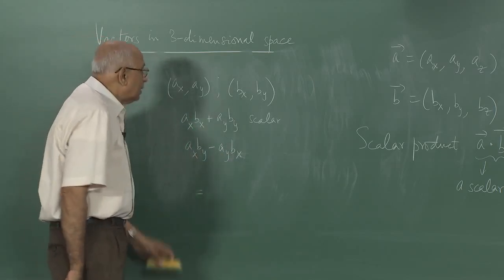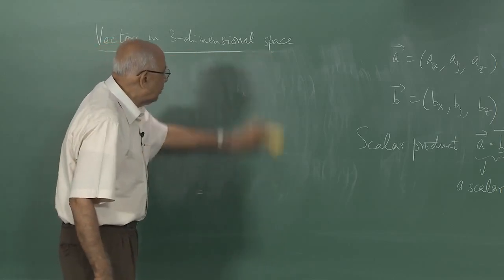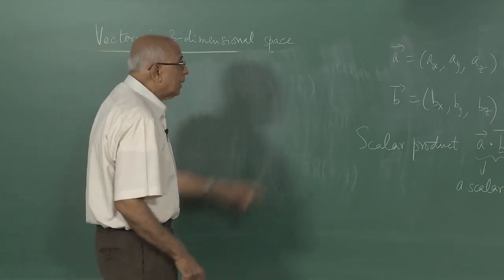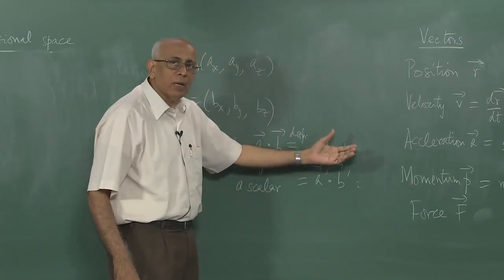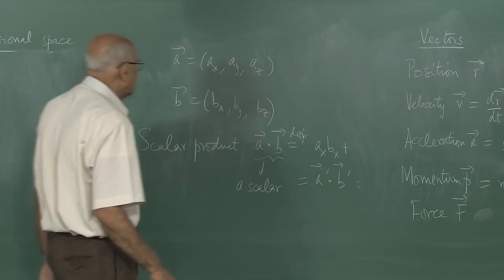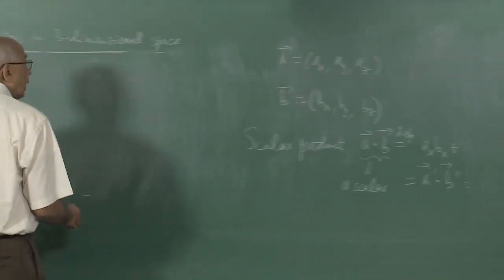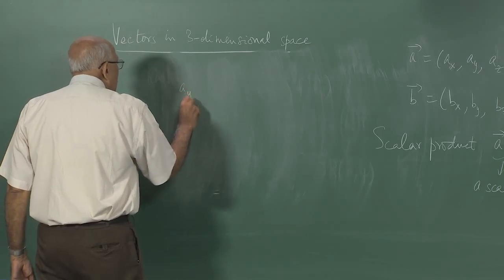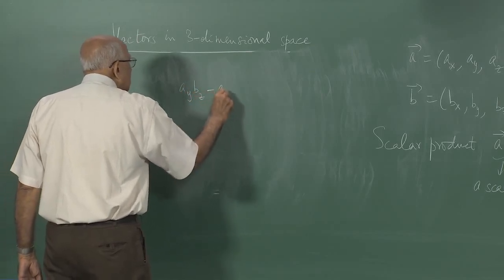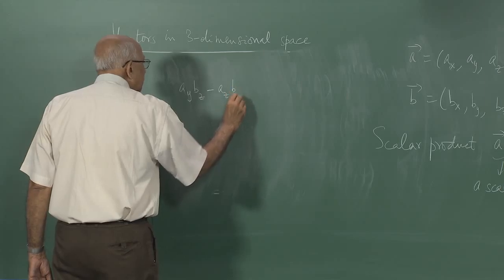But now in 3 dimensions we have a more general possibility. So in addition to the scalar product, which is ax bx plus ay by plus az bz, we also have the possibility of combinations like ay bz minus az by.